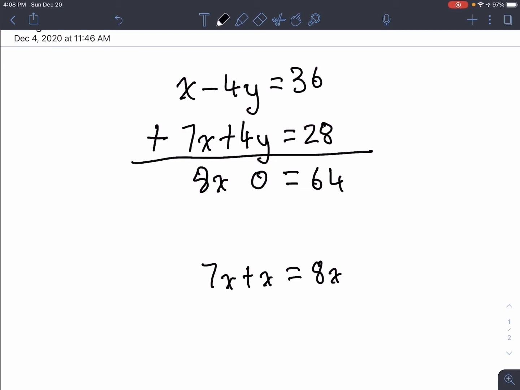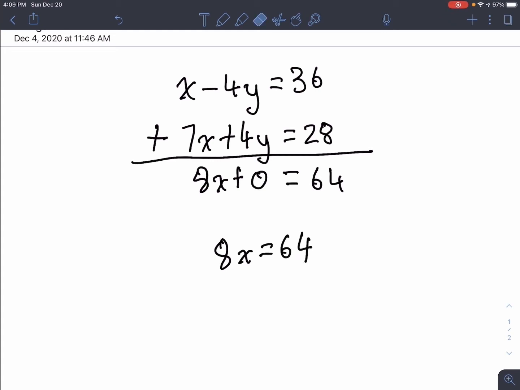Then to separate these, you would add a plus here, because this was the y variable. It says 0, but before it was the y variable. Now 8x plus 0, 0 doesn't have any value, so we can just say that 8x equals 64.